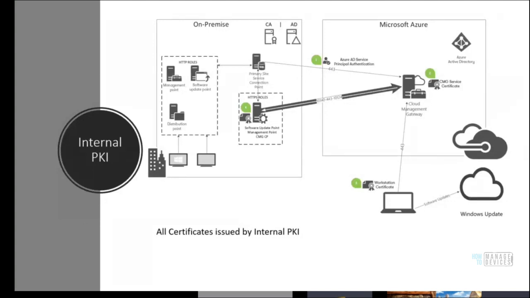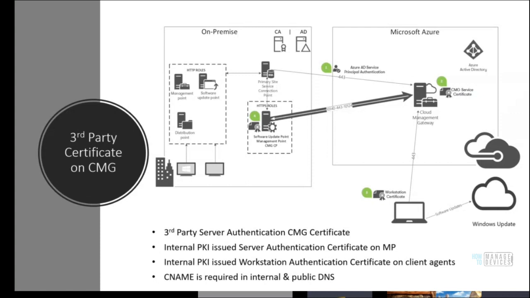If you have a CA server, you can very well use the PKI certificate. But if you don't want to go with the internal PKI, you can choose to go only with the CMG service. When you use a third-party certificate, you can use it only on the CMG. You cannot use a third-party certificate for the workstations.